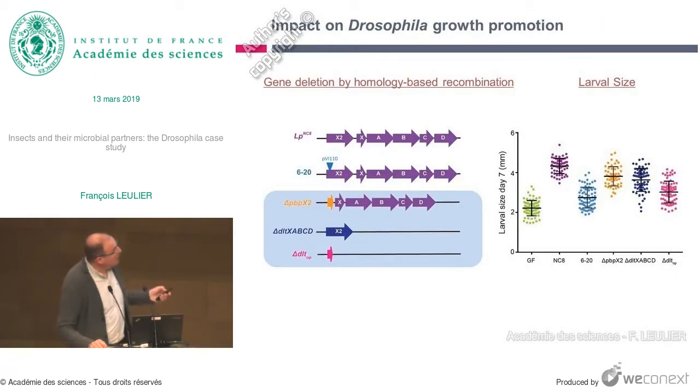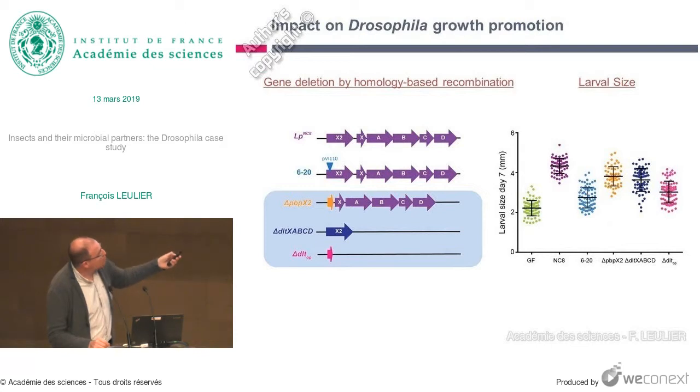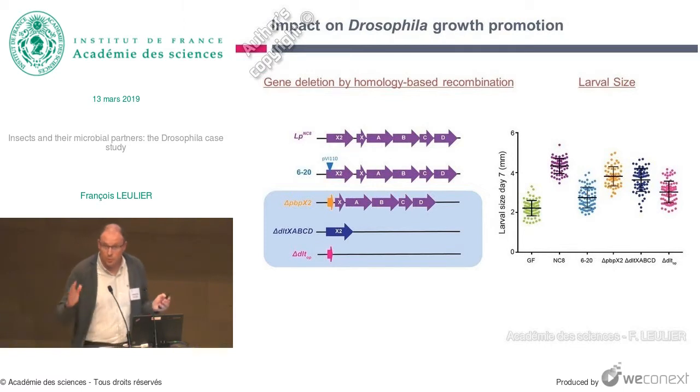So what Renata did first is to confirm the insertional mutant phenotype by generating a clean knockout of the gene which is impacted by the insertion, or deleting the 3' genes in the same operon, or the whole operon. And as you can see on this diagram, we look at the size of the larvae as germ-free or associated with Lactobacillus plantarum, the wild-type strain.